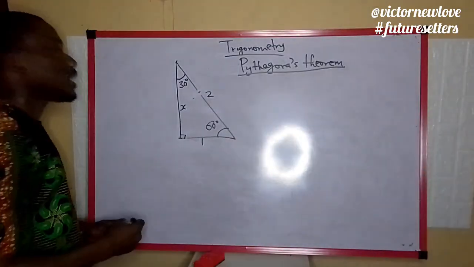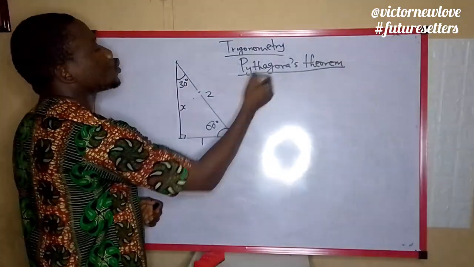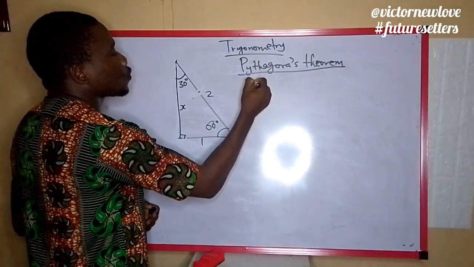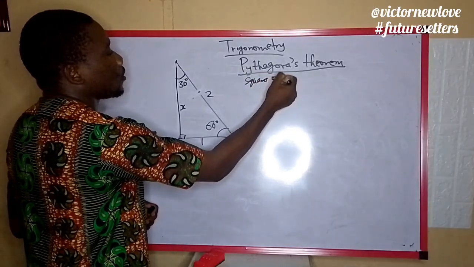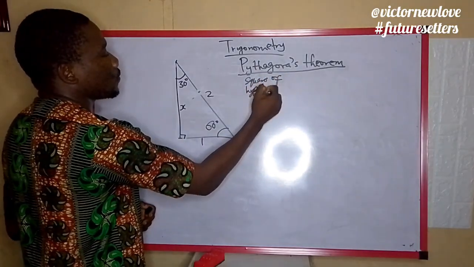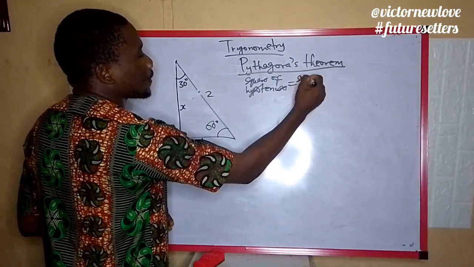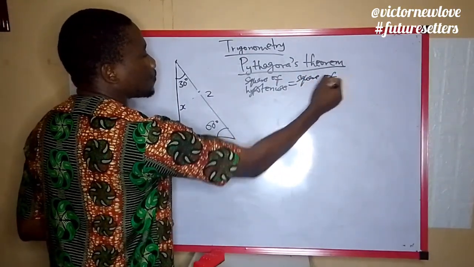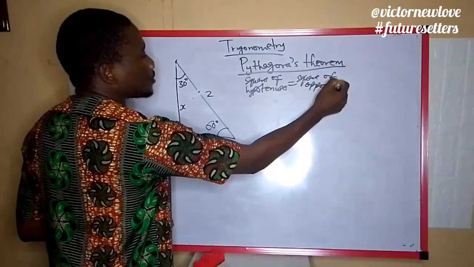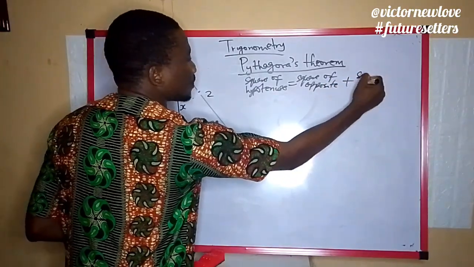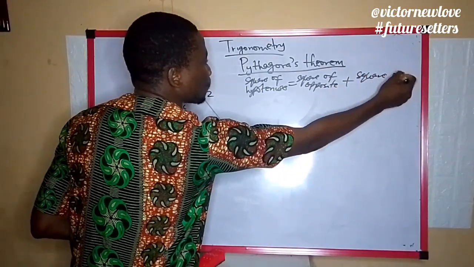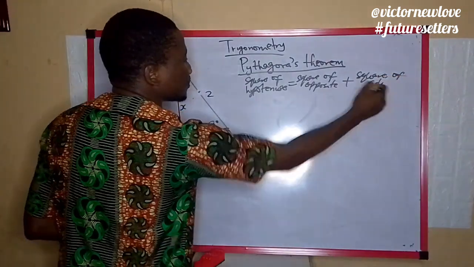The rule states that the square of the hypotenuse is equal to the square of the opposite plus the square of the adjacent.